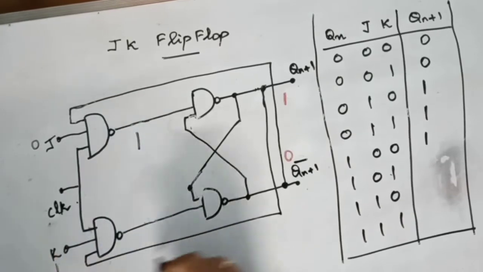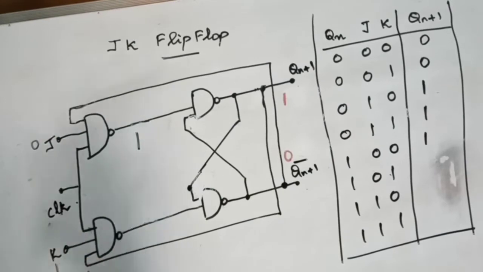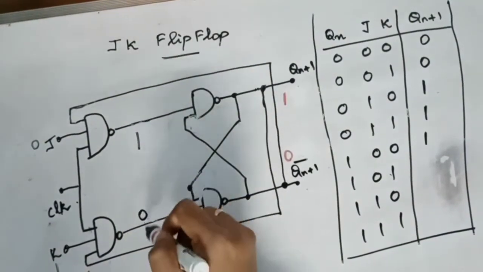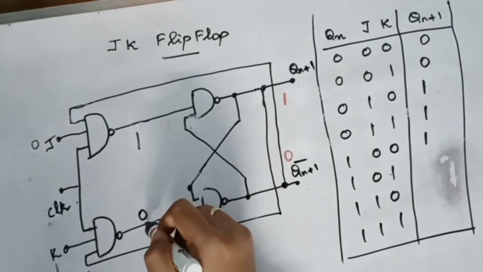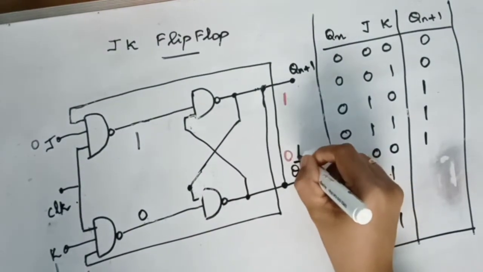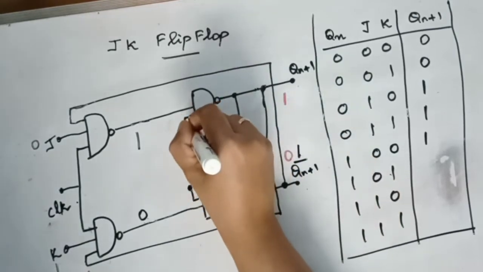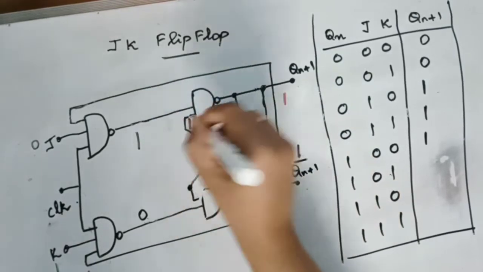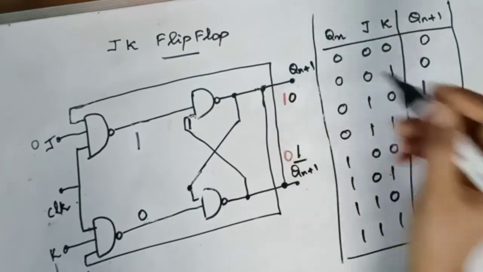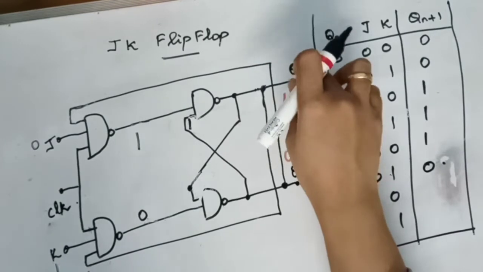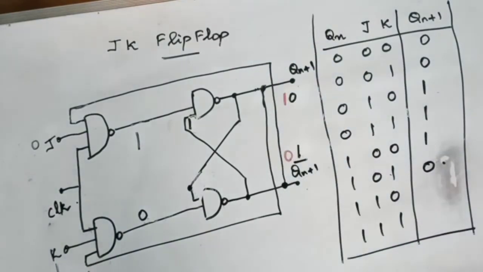So 1 1 1, that becomes a 0. So which one will you take first? You'll take this one first. So this is 1 and when this changes, put that change here, otherwise you will get it wrong. So 1 1, this becomes 0. So this is 0. What you are writing here is always Qn plus 1, not Qn plus 1 bar.